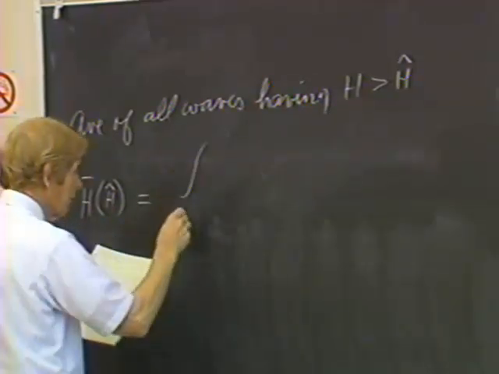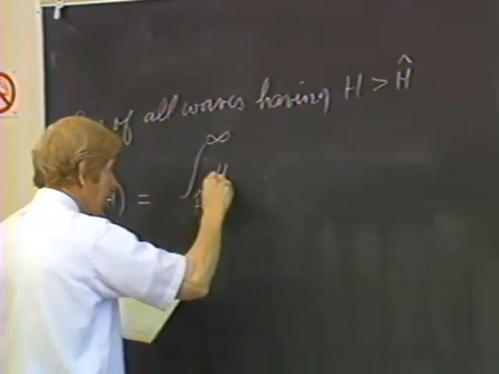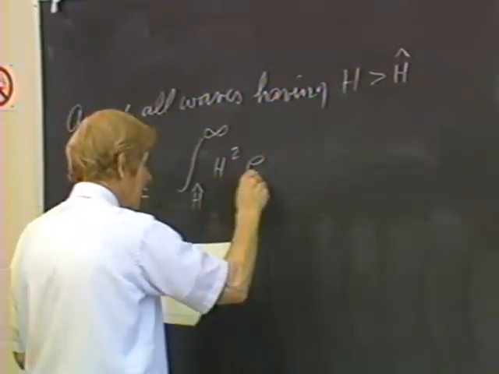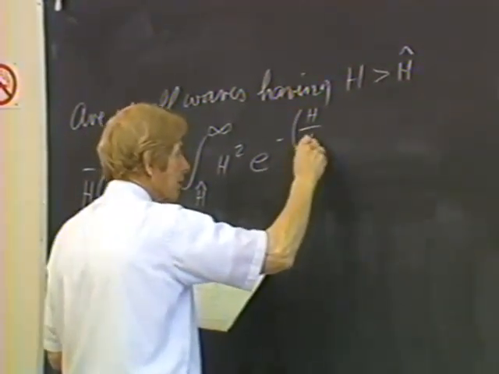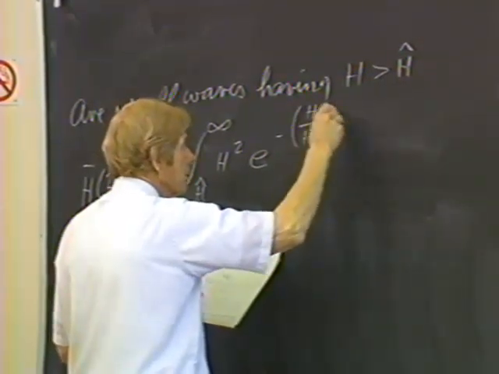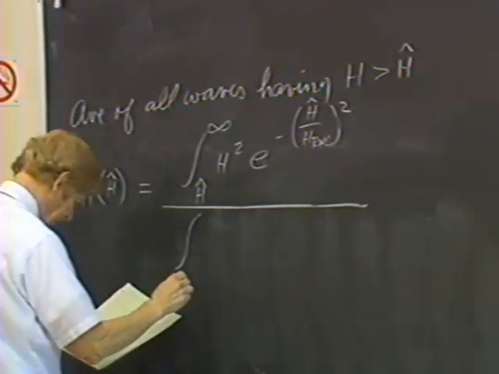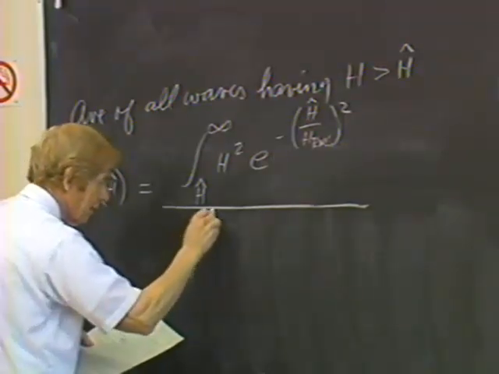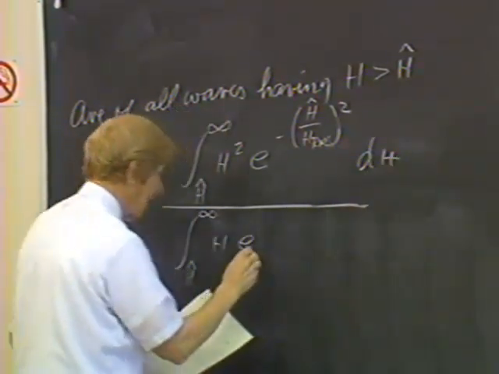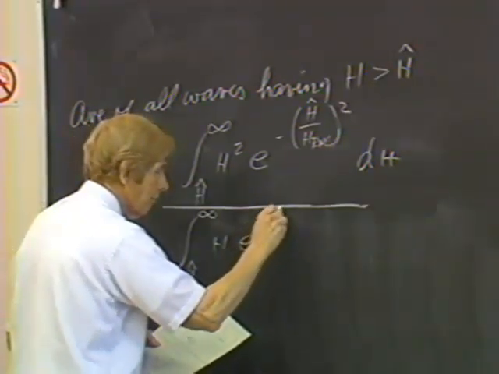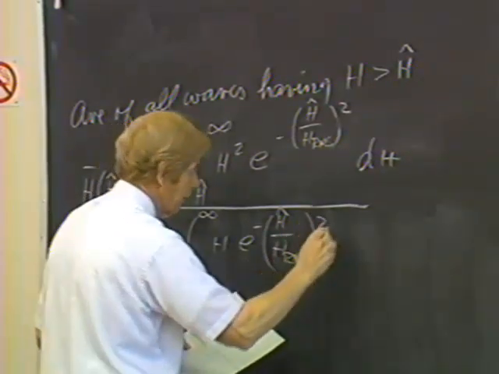And that's equal to the integral from H hat to infinity of H squared e to the minus (H over HRMS) squared, divided by the integral from H hat to infinity of H e to the minus (H over HRMS) squared.